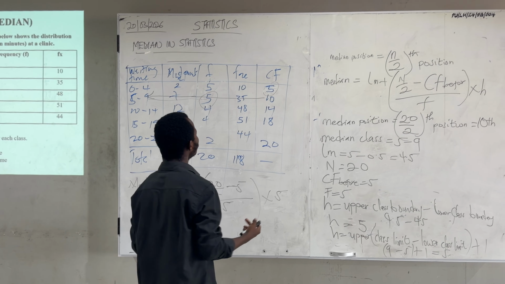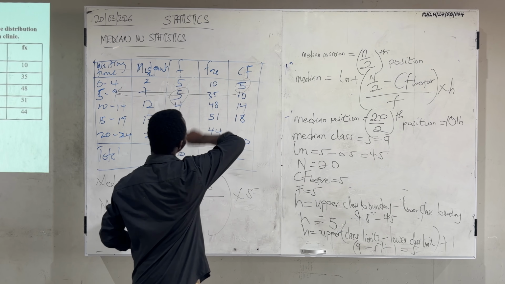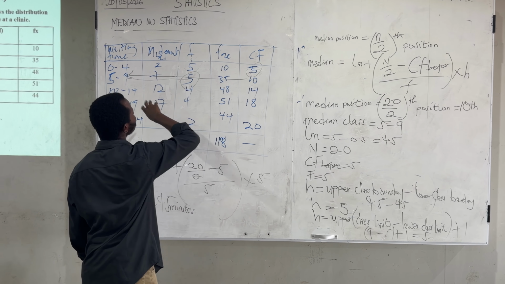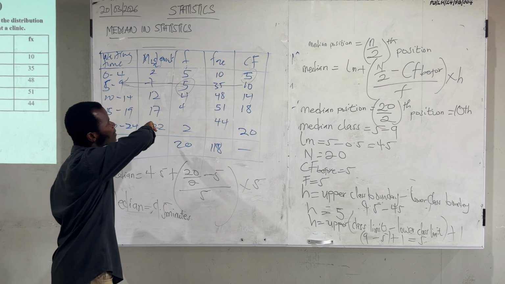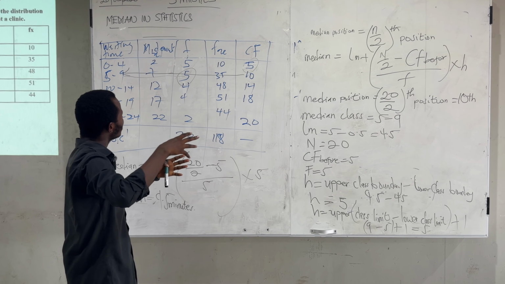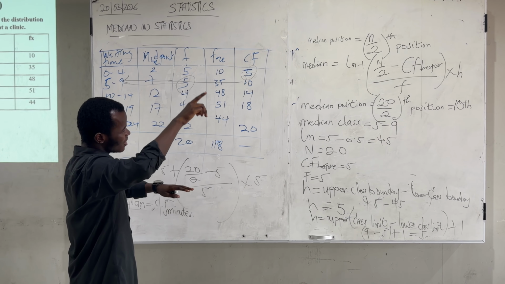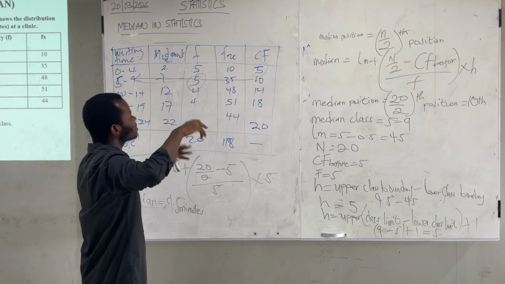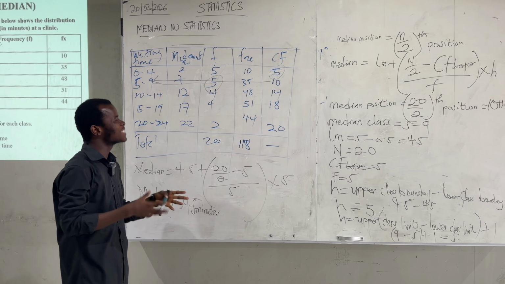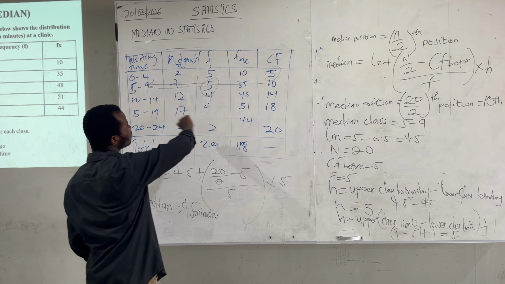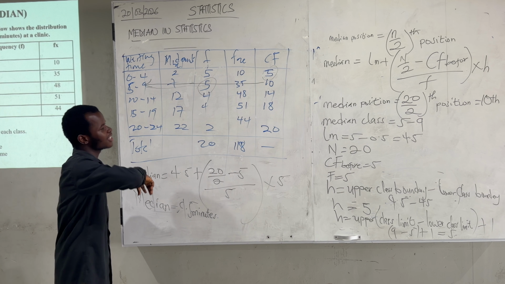So you make sure that you find that one and choose the F for it. The CF is the cumulative frequency before the median class. But then the F is for the median class itself.